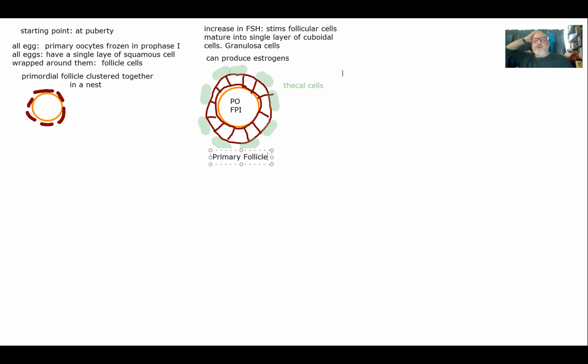Now, here's where that whole 28-day cycle thing goes out the window. Literally dozens and dozens of primordial follicles start this process each month. And the process of getting from primordial follicle to primary follicle can take up to a year.